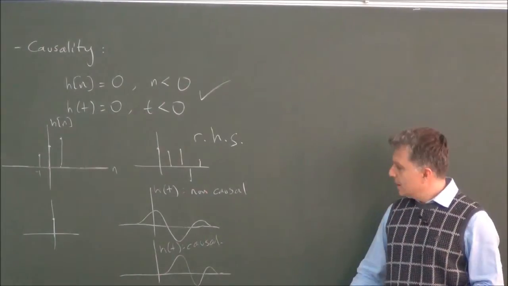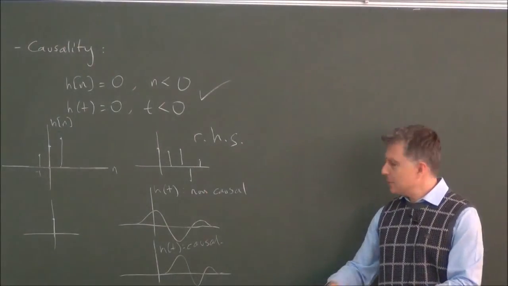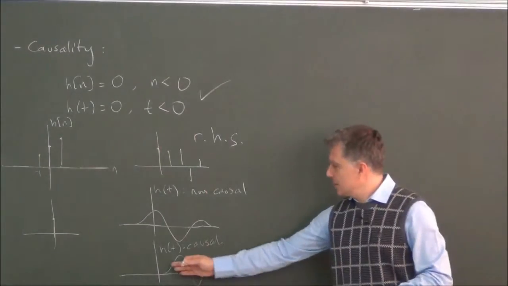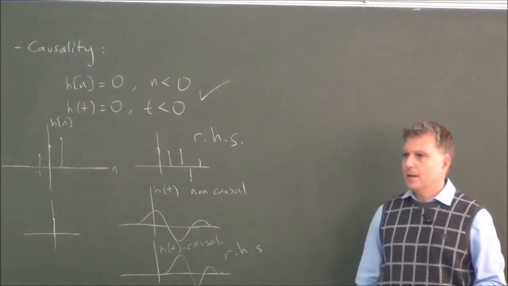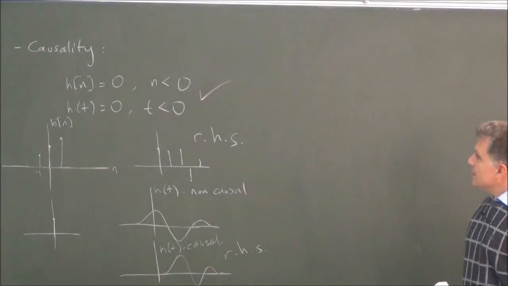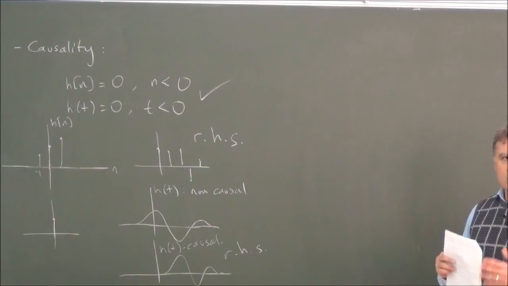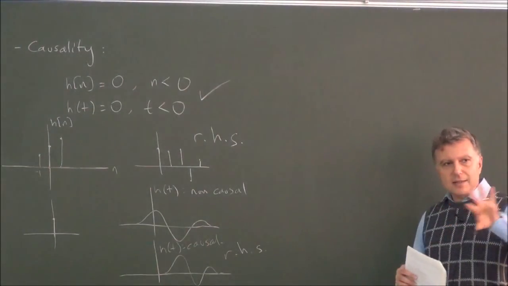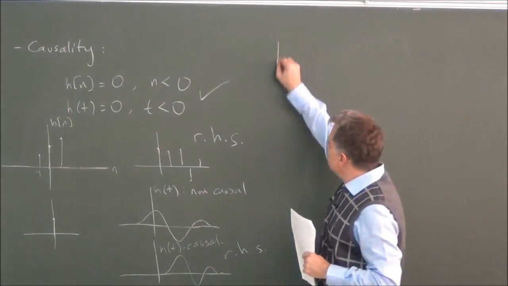Because the impulse perturbs the system, it excites the system, and the system shows the response afterwards in time. So this is also right-hand sided. Causality is fairly simple to check in LTI systems. All you need to do is check the impulse response. If it is right-hand sided, if there is nothing at the left-hand side, then it is causal.